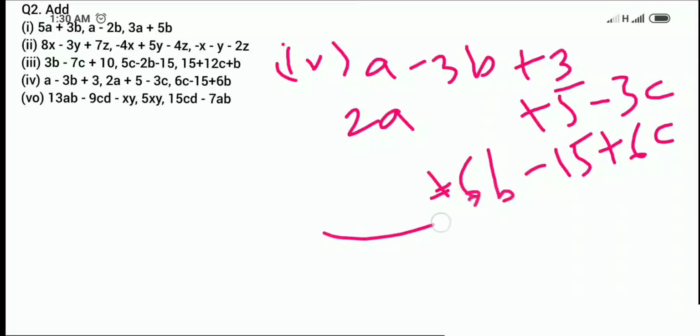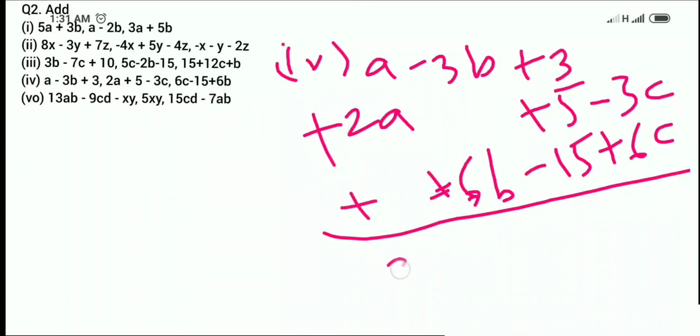Let's calculate this now. A plus 2a, these are all plus. A plus 2a is equal to 3a. 6b minus 3b is equal to 3b. Minus 15 plus 5 is equal to minus 10.